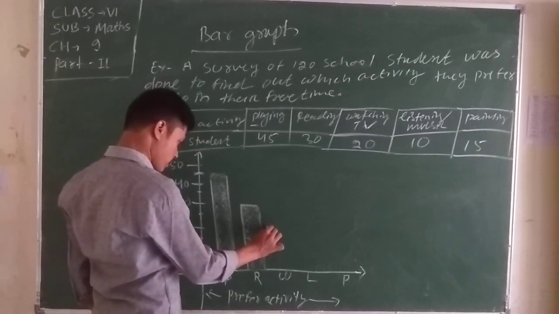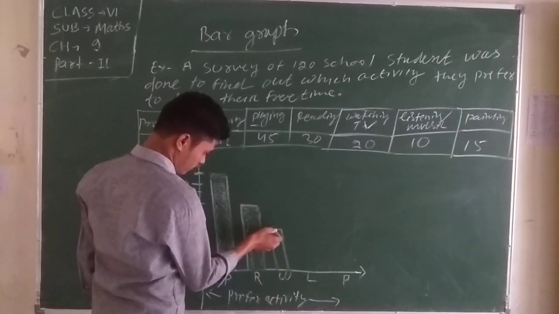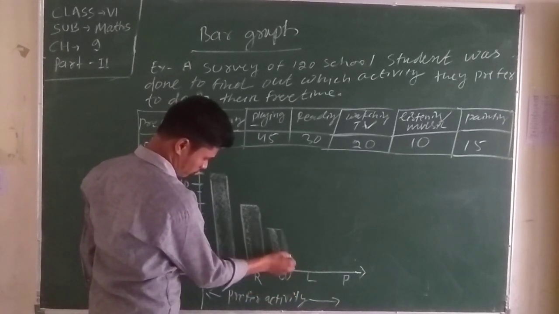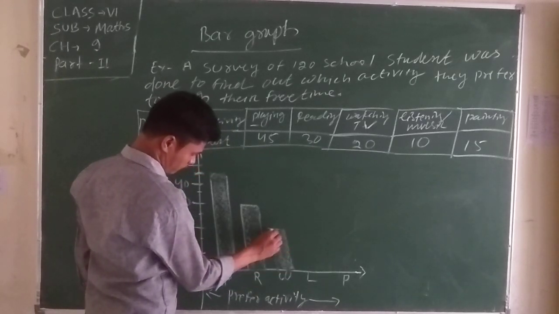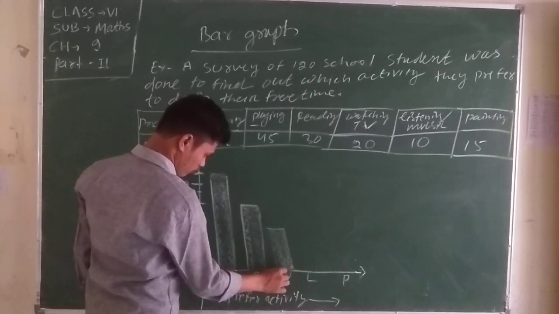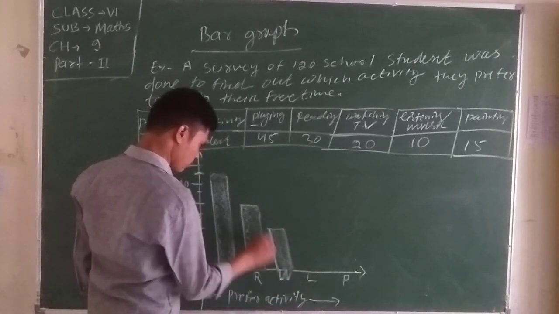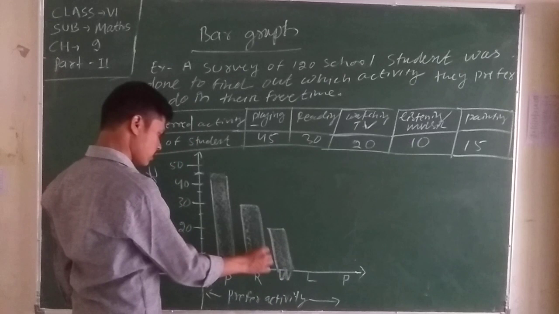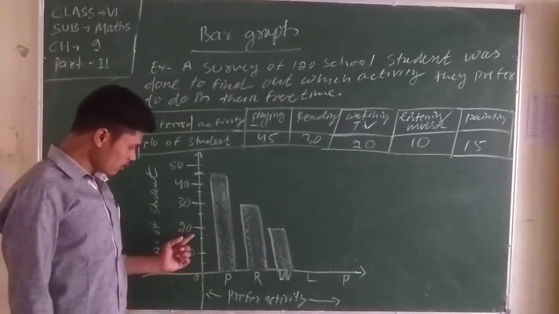We start from 20. Watching television: how many students? 20 students. 10, 10, 20. Then 20.